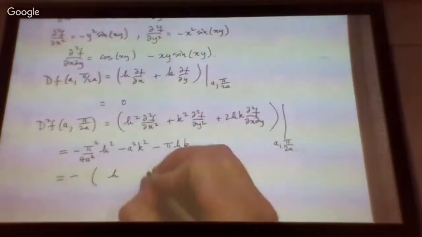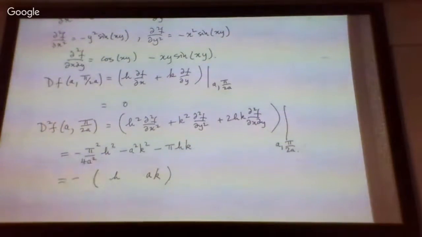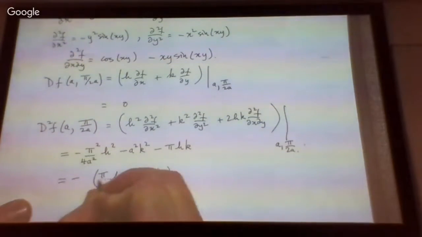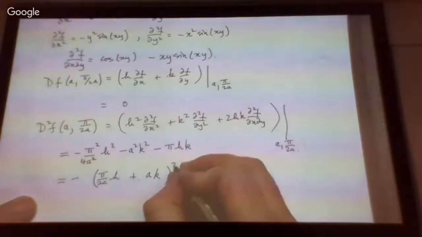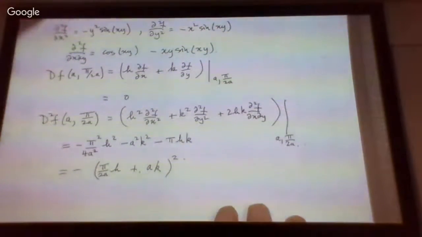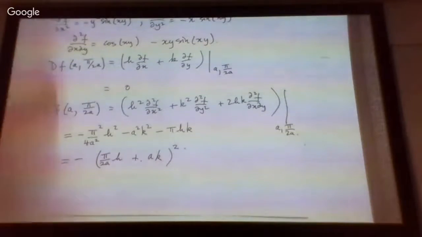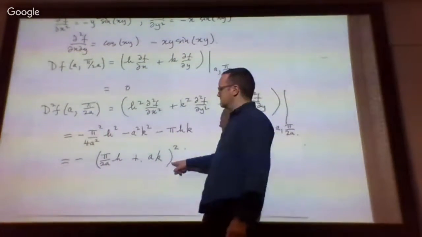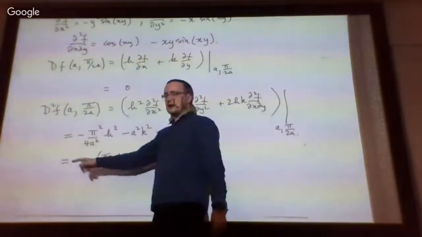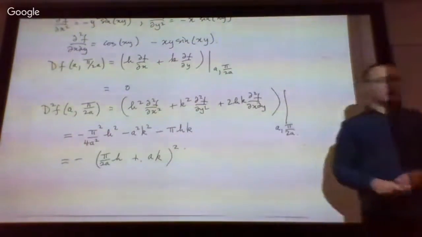Well, we'd have to have an ak there, to get the a squared k squared, and then to get this h squared, we'd have to have pi over 2a. I think that's right. We're just squaring all of that. Yeah, so when you square this bracket and flip all the signs to minuses, you get exactly what we had there before.